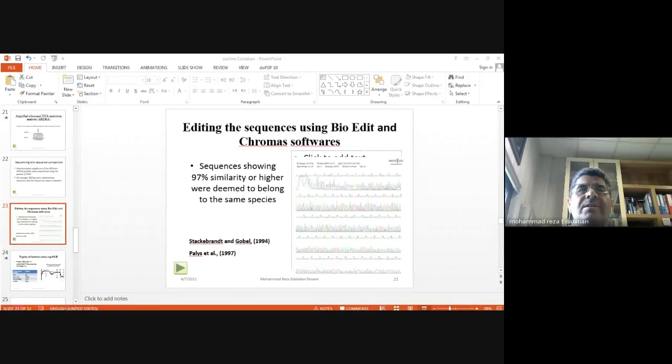After comparison in NCBI or GenBank, we can identify the lactic acid bacteria. For example, if it is assigned to Lactobacillus plantarum with 97% similarity or higher, we can say that this bacterium is identified as Lactobacillus plantarum.